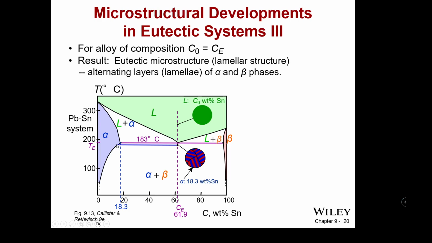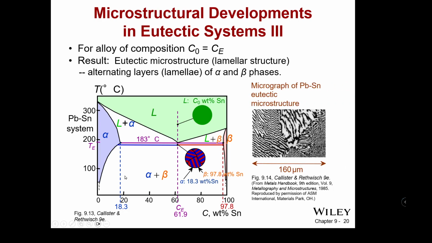And we get a composition right at about 18.3 for our alpha and about 97.8% tin for our beta. So our alpha has almost no tin, our beta has almost all tin concentration, and there's going to be a zebra stripe kind of pattern, and that's actually what we see under the microscope. So that's exactly what that looks like and why it becomes as important as it does.